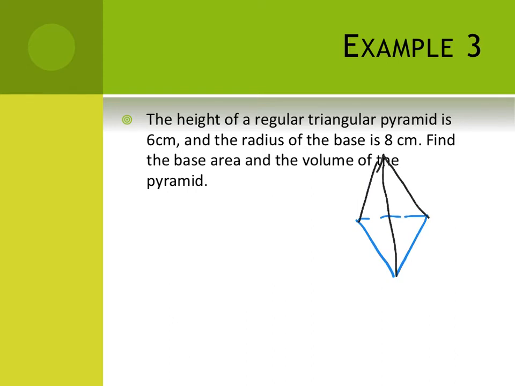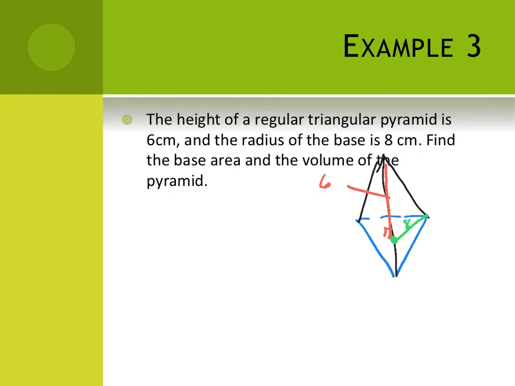And let's draw in the height. So this time it says the height of the regular triangular pyramid is 6 centimeters. It says the radius of the base is 8 centimeters. So I have a radius that's going from here, where the height meets, to here, and that's 8.